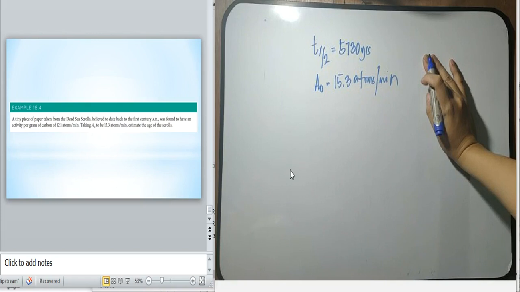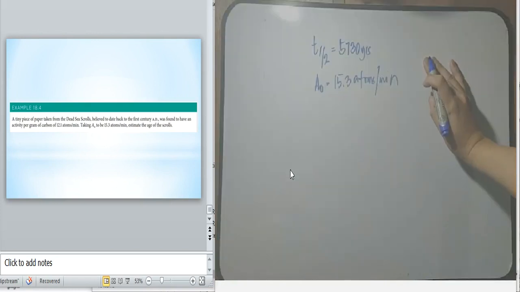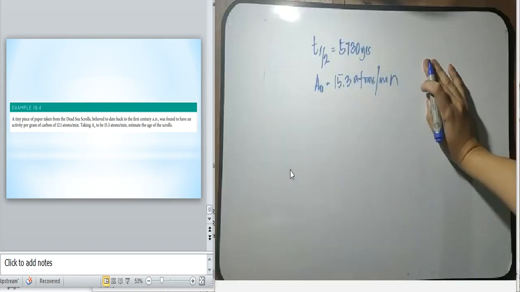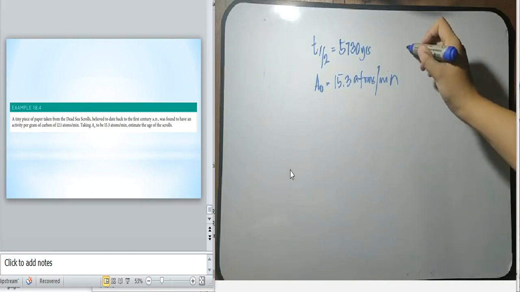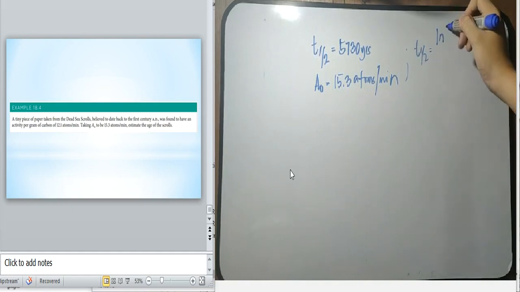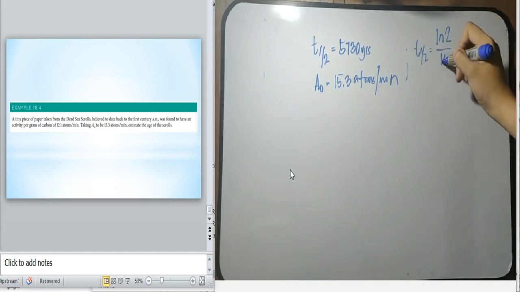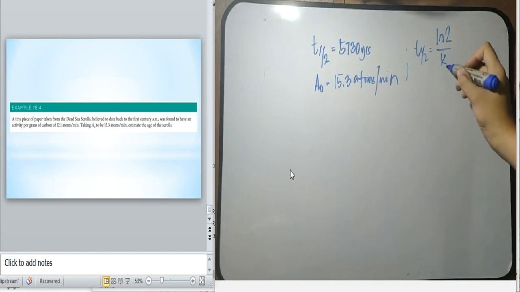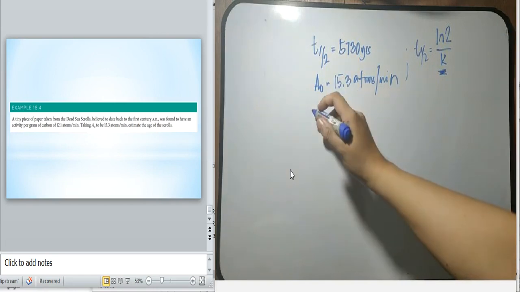And we have an equation, T1 half or half-life is equal to ln 2 over K. Right? So, we can get the K here.